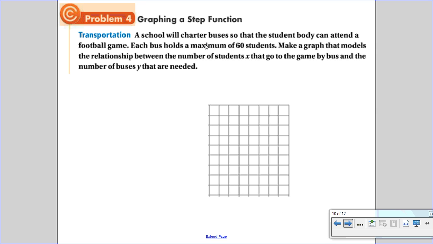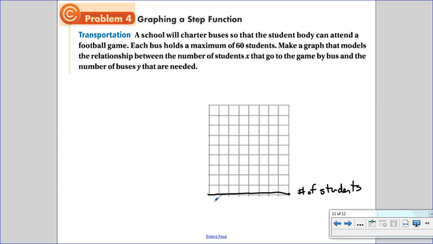So if we were to do this with kind of a real life problem, a school will charter buses so that a student body can attend a football game. Each bus holds a maximum of 60 students. Make a graph that models the relationship between the number of students, x. So this is going to be our number of students.